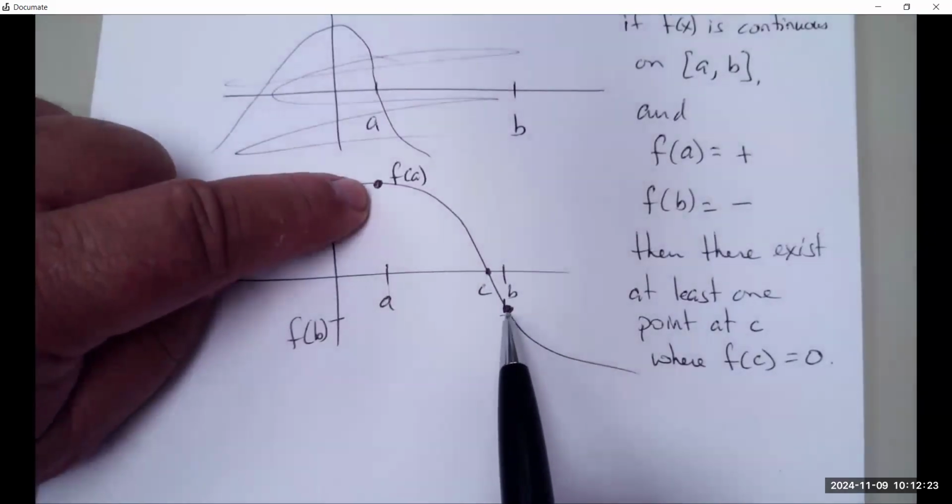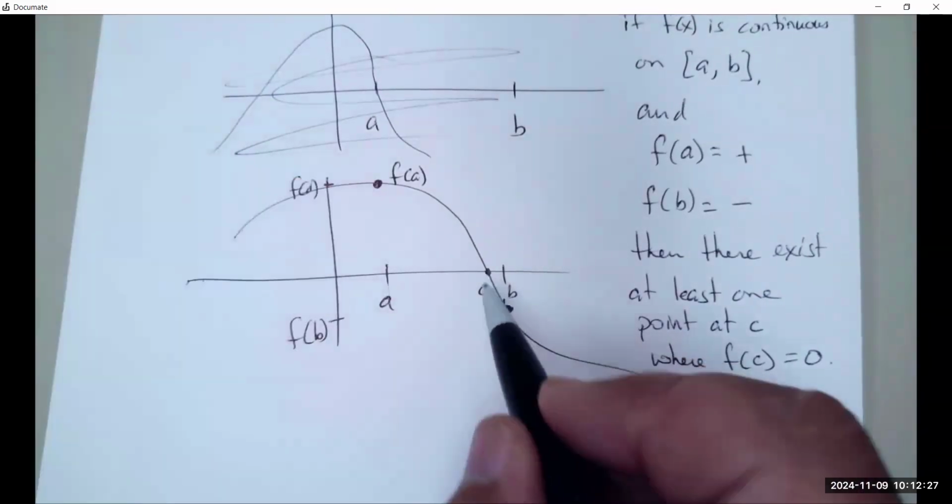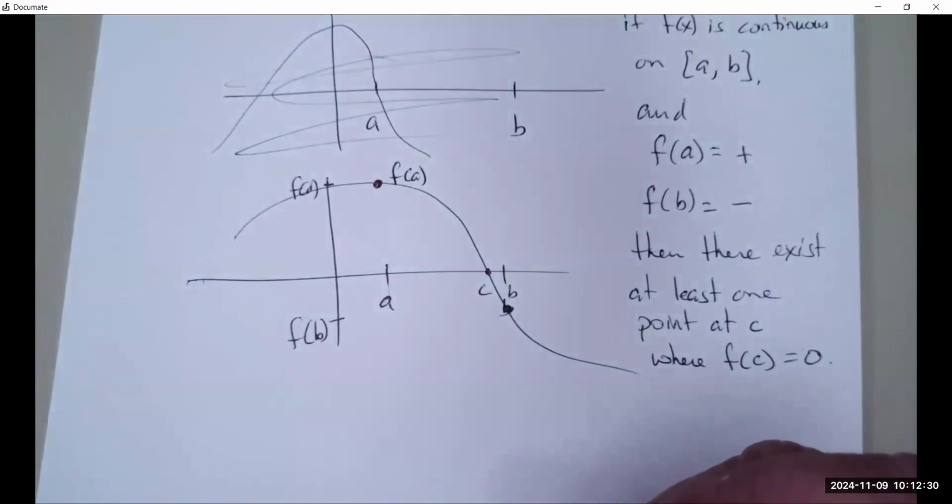If your values at A and B have different signs and it's continuous, then it has to cross the x-axis somewhere between there. Make sense?